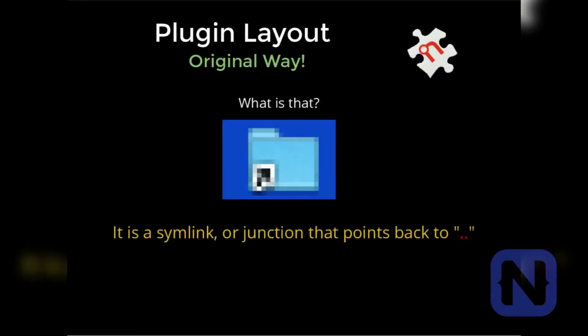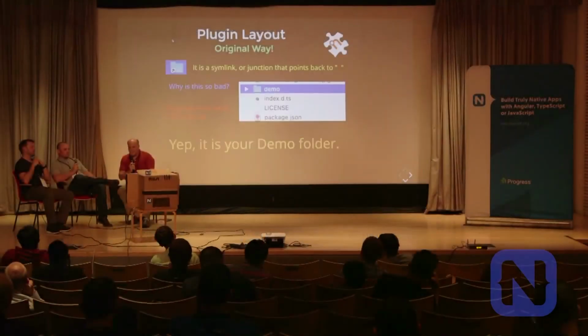That little symbol is a symlink, and a symlink is basically a pointer back to the folder. It's not a copy of the folder, it just links you back to the original folder. This sounds pretty gross. It is, but it has some benefits too. The symlink points you back to dot dot.